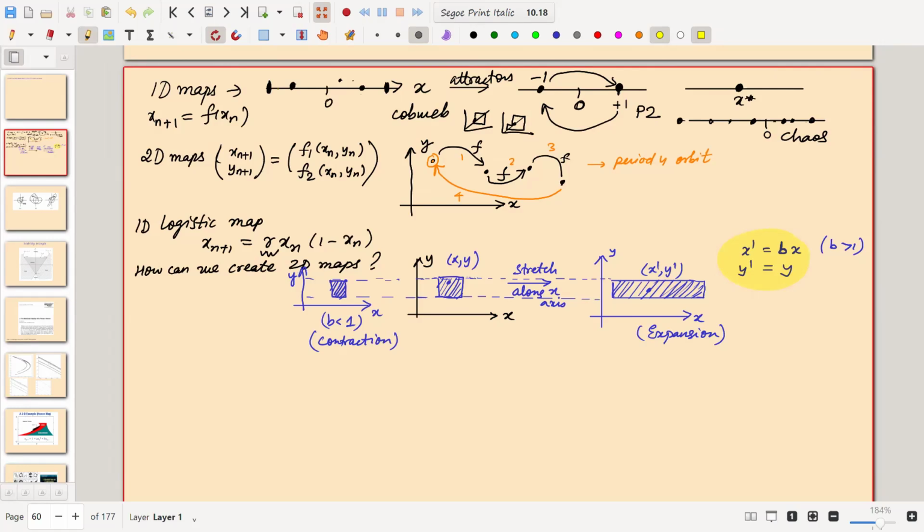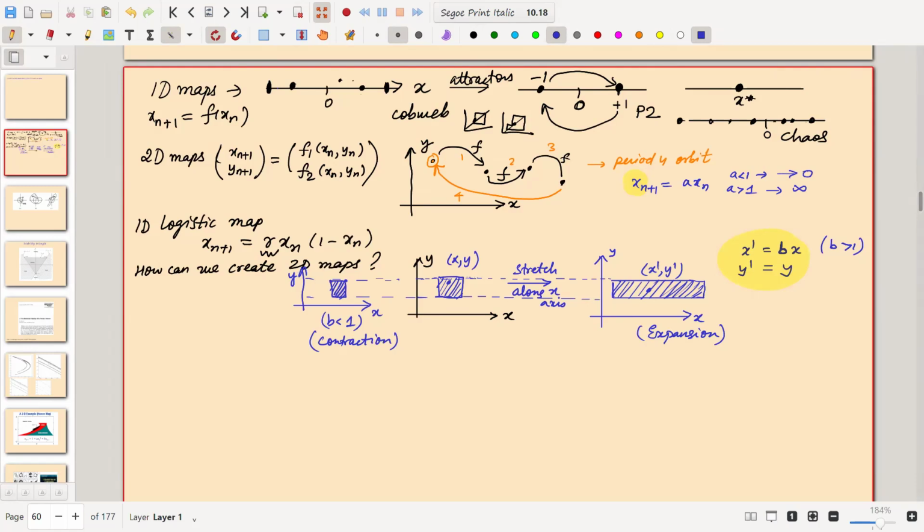Remember that I gave you a map in 1D, x_{n+1} is a x_n, right? You understood that if a is less than 1, it was converging to 0. When a is greater than 1, it was converging to infinity, right?